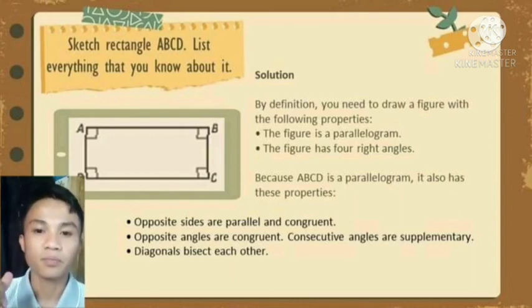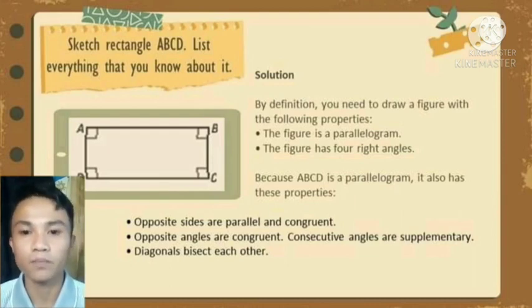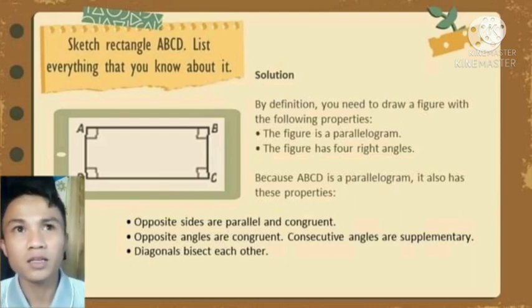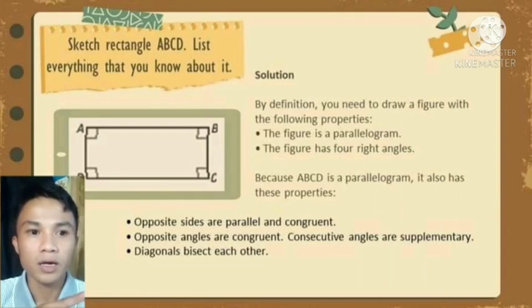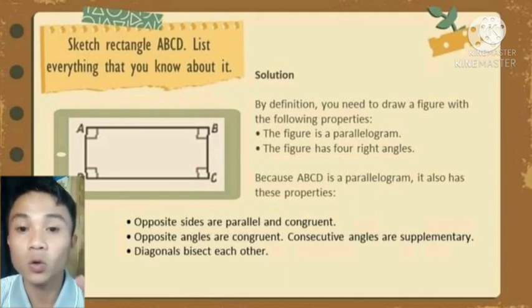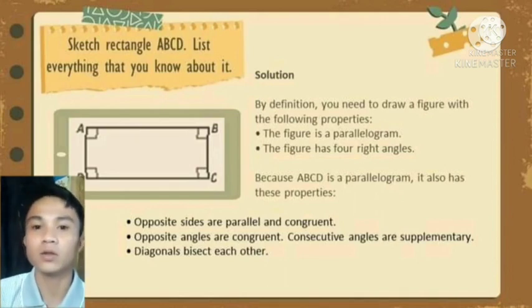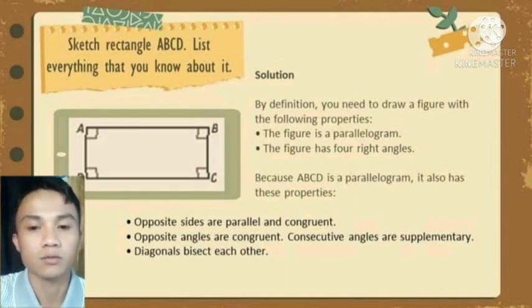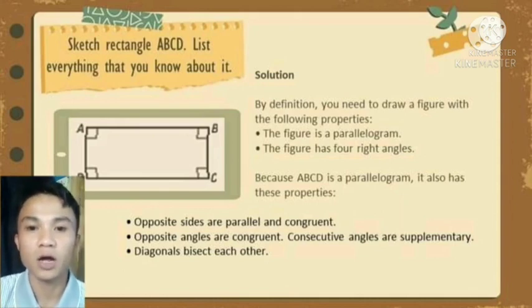So yung angle din is congruent at saka consecutive. Makikita din natin yung angle BED is parallel to BCD. Makita which is congruent sila. So matawag natin yun na rectangle. So a diagonal bisects each other.